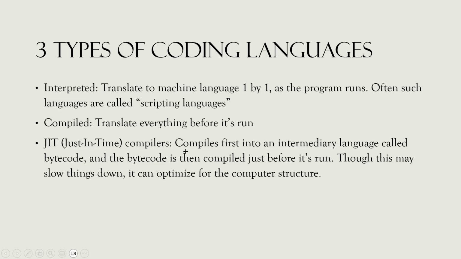So what those do is it compiles to an intermediate language. We call it bytecode. And the bytecode is stored and it's compiled just before it's run. Now, you might ask, why do it in two steps when you can just do it in one step? The difference is that there are many different kinds of CPUs, right?